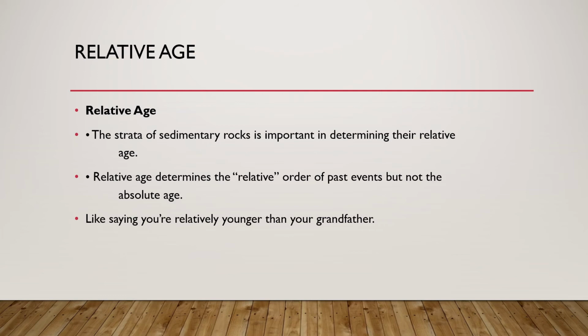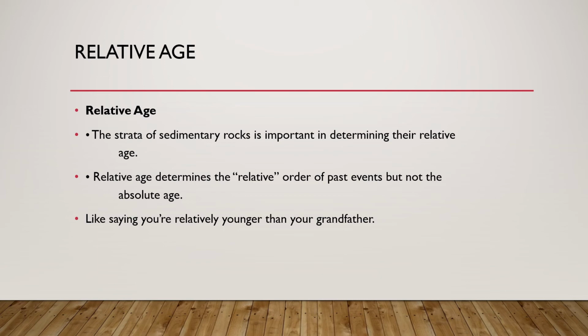Relative age. The importance of relative age. The strata of sedimentary rocks is important in determining their relative age. Relative age determines the relative order of past events but not the absolute age. Like a saying, you are younger than your grandfather. In relative age, we only look at which rocks are found below the earth and which rocks are found above.